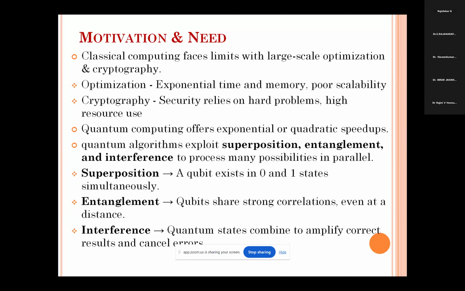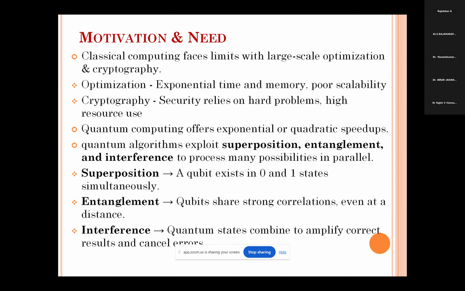So let us clarify this: quantum computer, then classical computing means large scale computing, with large scale optimization and cryptography as major factors for the issues occurring in real time. The factors we have to concentrate on in optimization are exponential time and memory, then poor scalability.